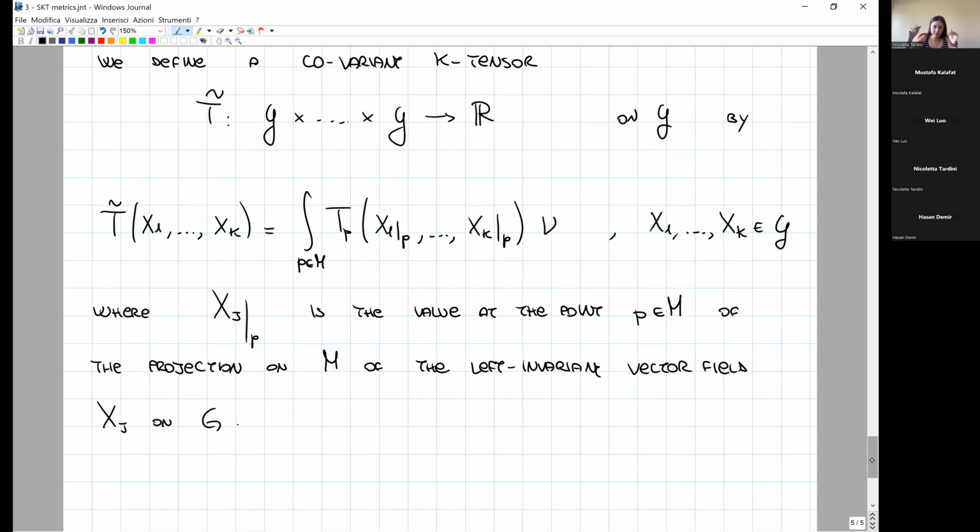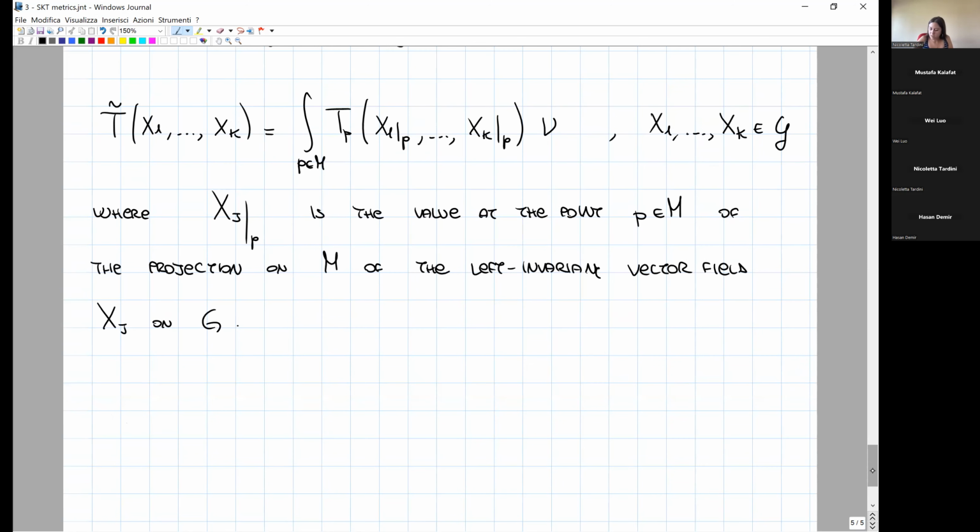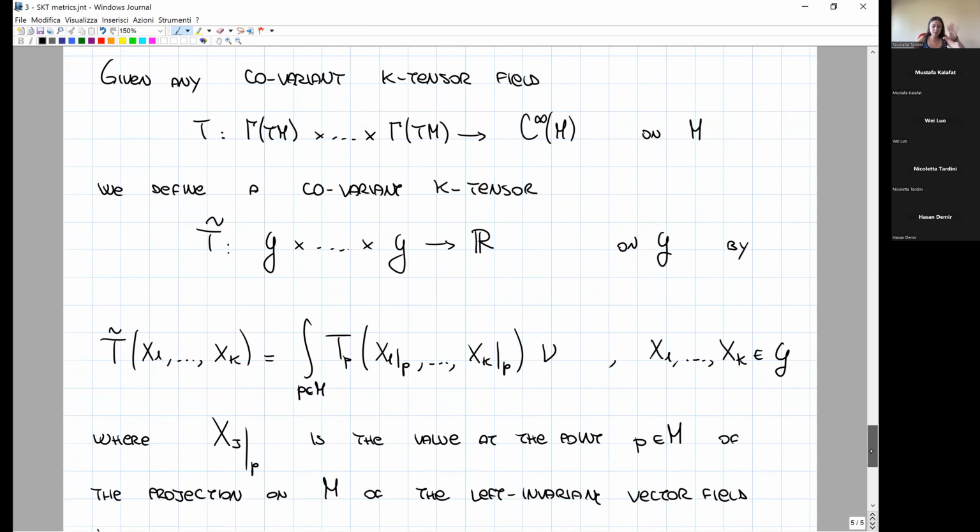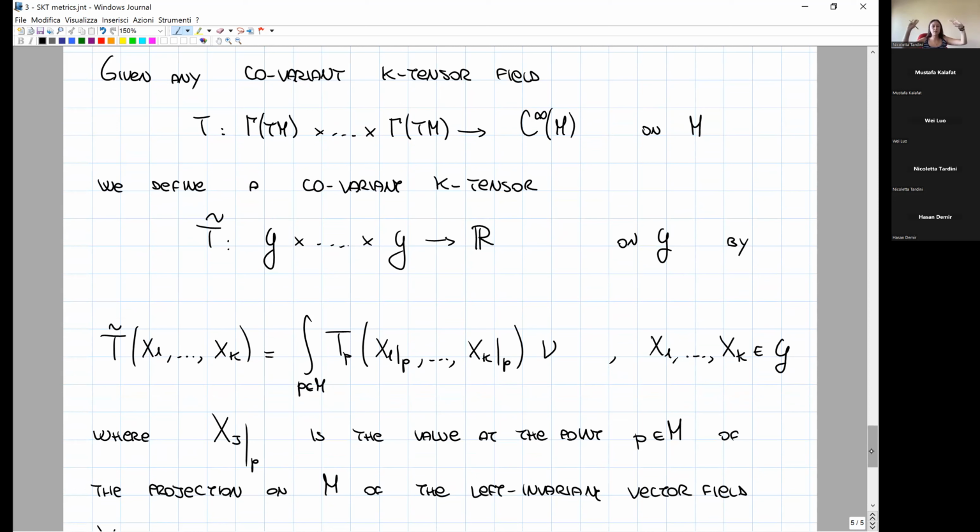And you take these vector fields computed in P. So why is one doing this? The idea is that you start with an arbitrary tensor on the manifold, and you construct a new tensor that is now on the Lie algebra.